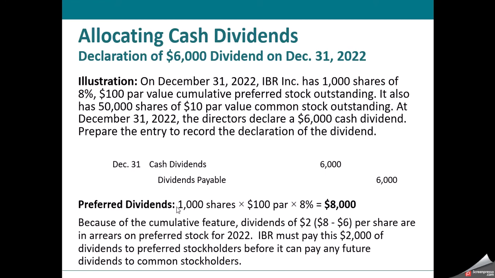So there's 1,000 shares times $100 par times the 8%, so it's $8 a share. They owe them $8,000. So in that case, they're going to get all of those cash dividends. The common stockholders aren't going to get anything. And then there's still a little bit in arrears. So even next year, the preferred stockholders will get the remaining $2,000 and then whatever else the company can afford to pay.